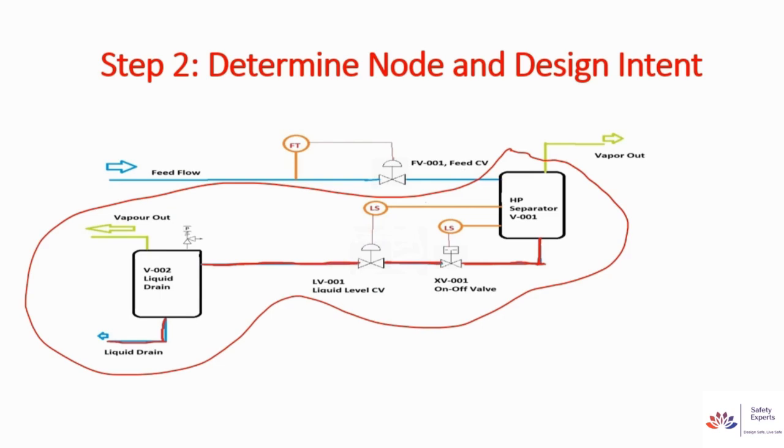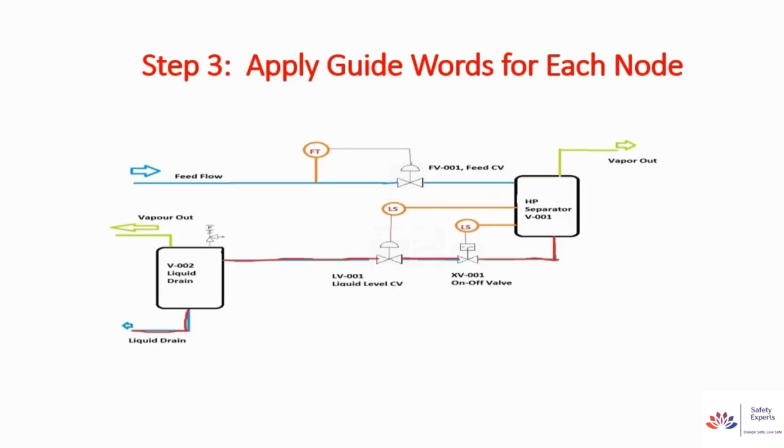So HAZOP starts with the markup P&ID. And what is the design intent of this particular node? The design intent of this node is to ensure the separation of the liquid and the vapor in the HP separator, and there should not be any high level or low level on the HP separator, resulting in a process upset. So our step 2, determination of node, is now complete.